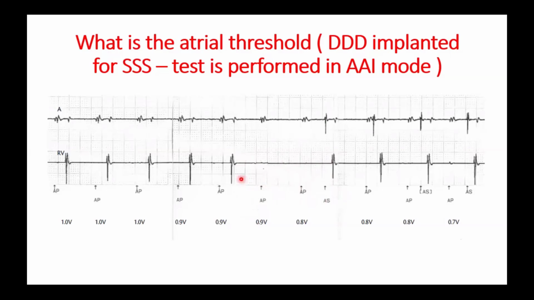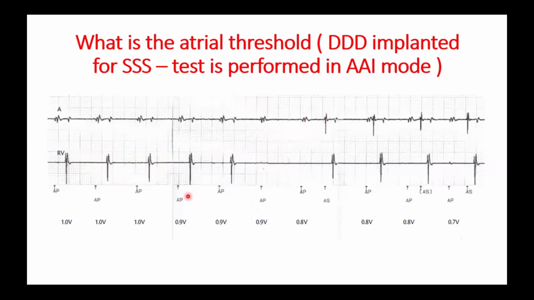The clue here is to look at both channels of the EGM, the atrial channel and the ventricular EGM. As the patient has only sick sinus syndrome, there is conduction to the RV, and a spike on the RV channel. Once pacing occurs here and it doesn't capture, no activation of the ventricle occurs on the RV channel.